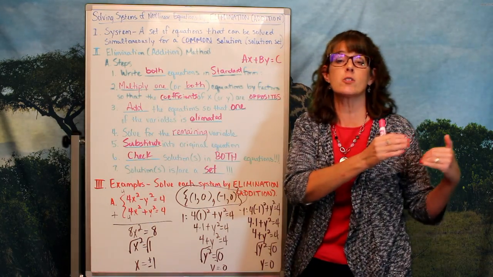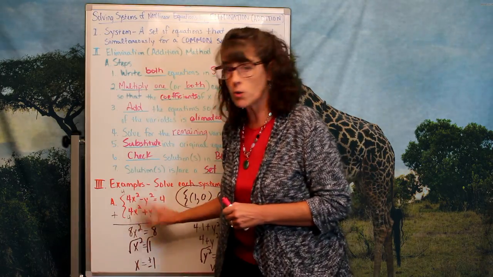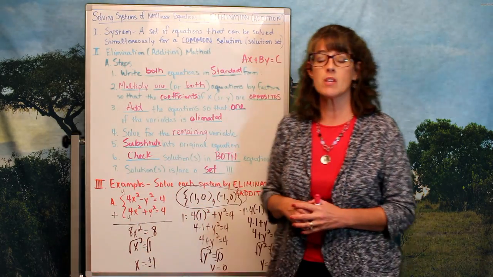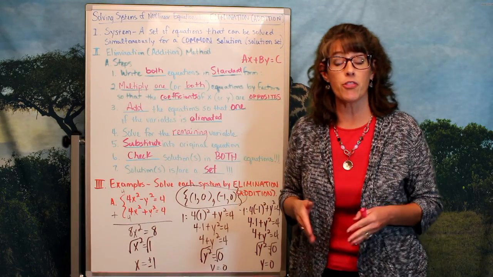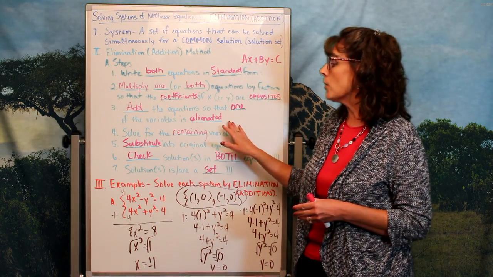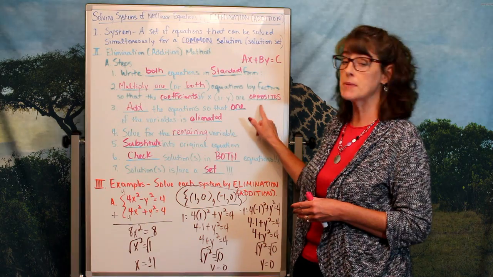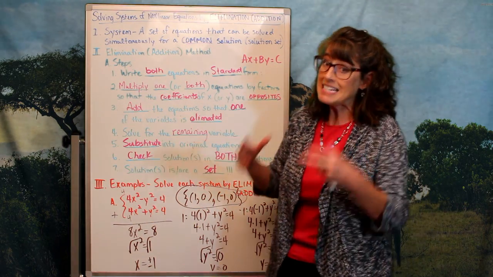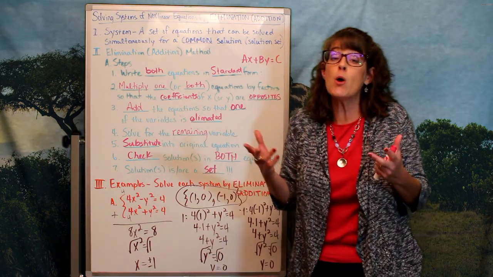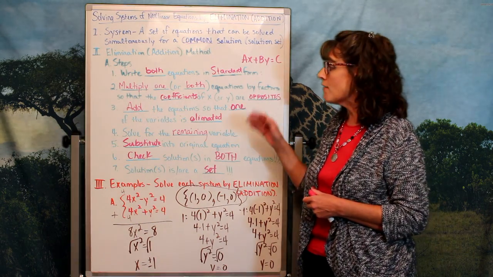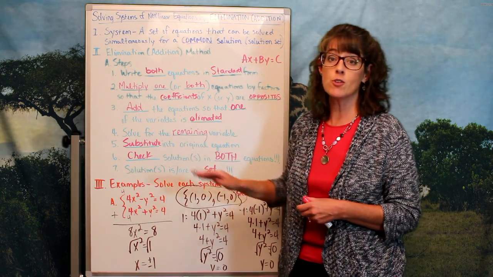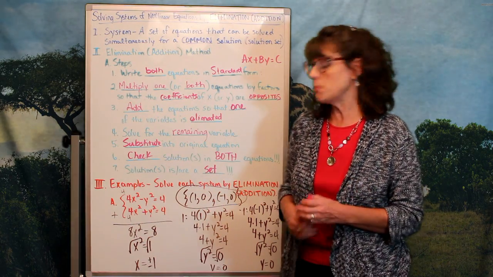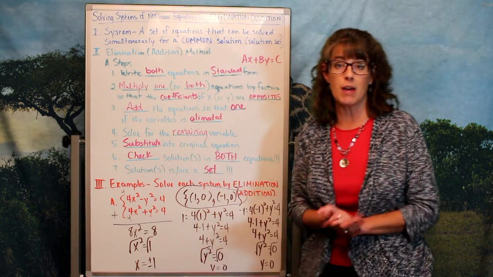Let's get all the constants on the other side. Even if it is x squared and y squared, put them all on one side. Because when we add the equations, it will be much easier to see how things eliminate. And remember, the only way to eliminate those variables is to have opposite coefficients. You might need to multiply one or both of those equations by a factor to create those opposite coefficients. But once you've got them, go ahead and add those equations and then run with it because it'll be just like all those other methods.